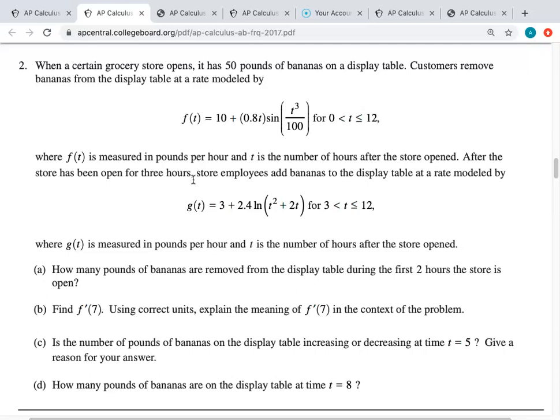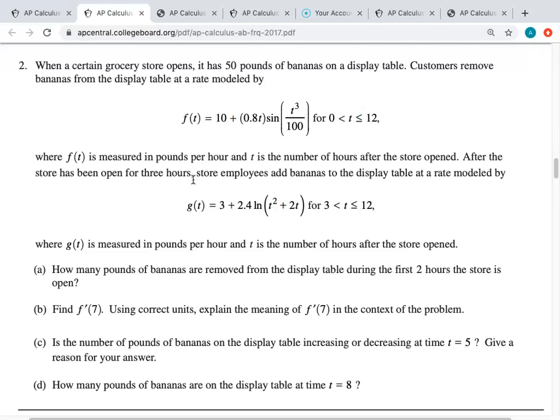All right. When a grocery store opens, it has 50 pounds of bananas on a display table. Customers remove bananas from the display table at a rate modeled by F of T, where F of T is measured in pounds per hour. Okay, so the bananas are on the table.